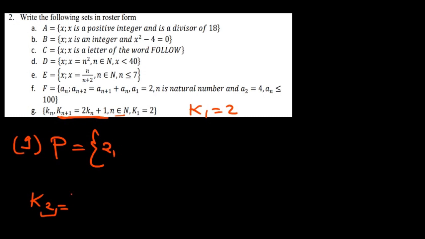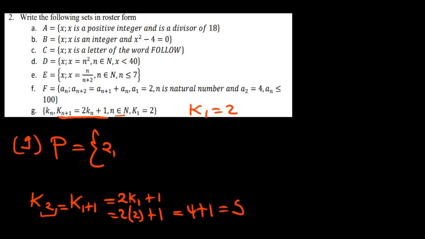So k2 is k1 plus 1, which is equal to 2k1 plus 1. So this is equal to 2 multiplied by k1, which is 2, plus 1. So that will be 4 plus 1, which is 5. So my k2 there is 5.